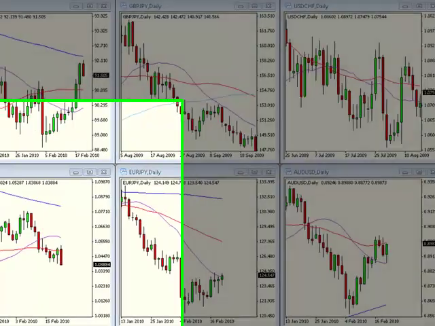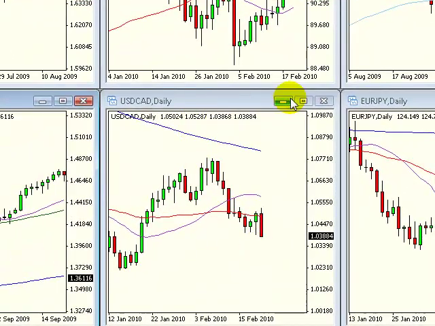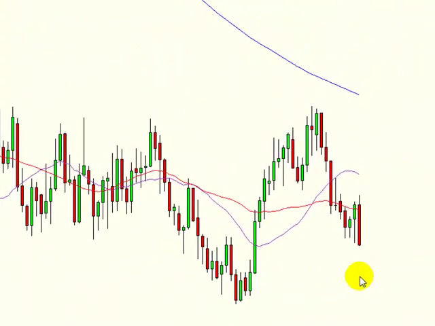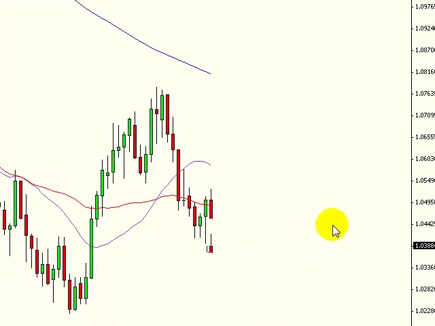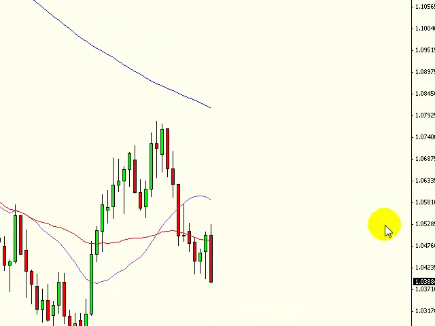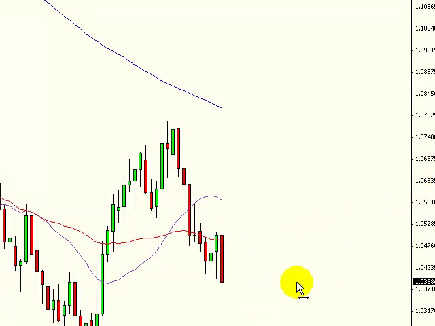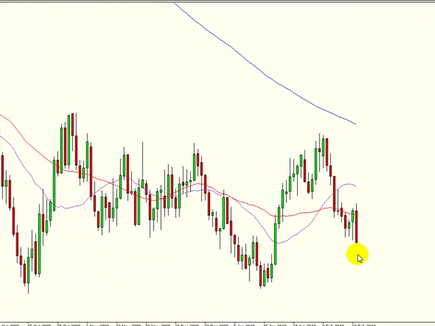Next, we will be looking at the US dollar Canadian. This pair has been moving down as well, and we were looking like we might have had a rebound. However, there was a full retracement on the last day that dropped, that erased all of the gains that it had made previously on the daily candle, and it closed right at new lows at 103.